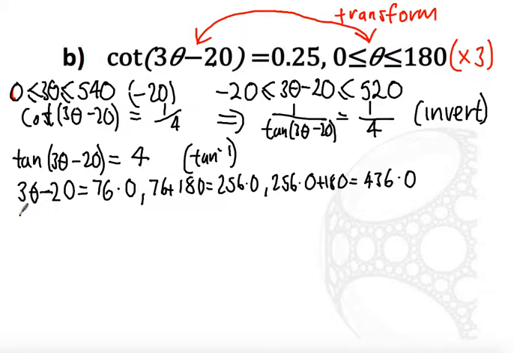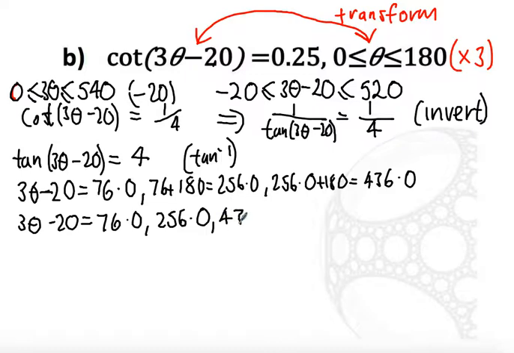So at this point, I now know that 3 theta minus 20 equals 76.0, 256.0, and 436.0 degrees. And at this stage, and I'll make a note of this, this is the important part that comes from C2 that doesn't always get done.